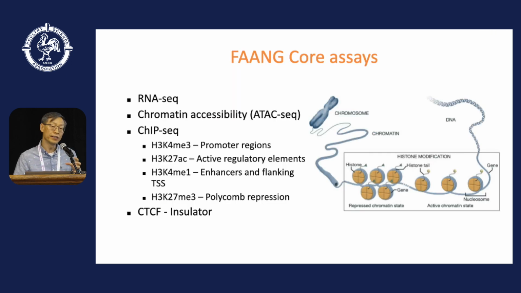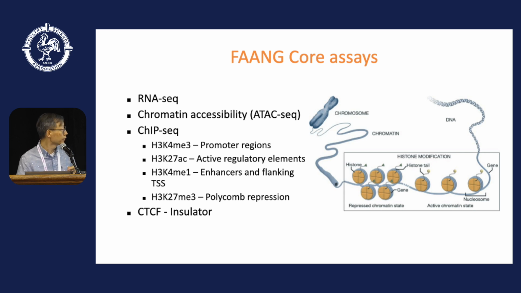Initially, how can we summarize the epigenomic assays, right? What kind of assays should we use for this type of annotation for the farm animal genome community? With really good discussion with the biomedical community, we came up with RNA-seq, which is molecular phenotyping, then chromatin accessibility, and histone modification.